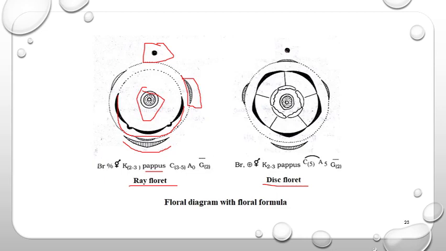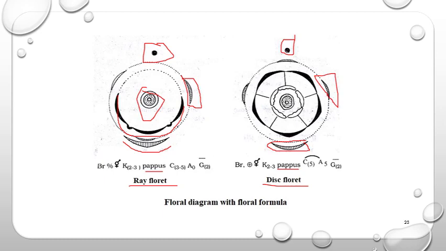Similarly in the case of disc floret, this indicates the main axis or mother axis. Then this one is a bract, so the flower is bracteate. Then we have the sepals. These are the sepals that are modified into pappus. Then we have petals.